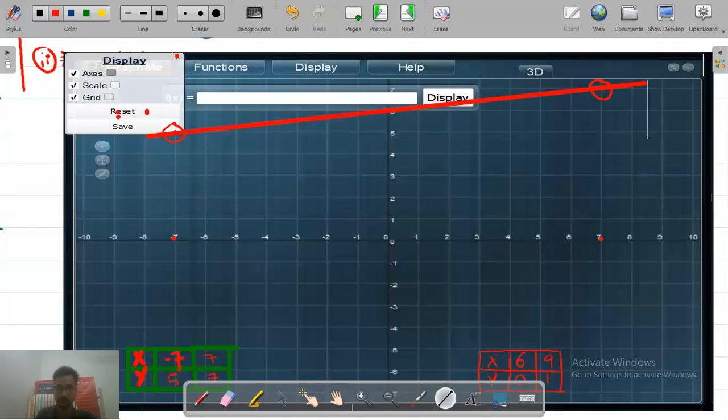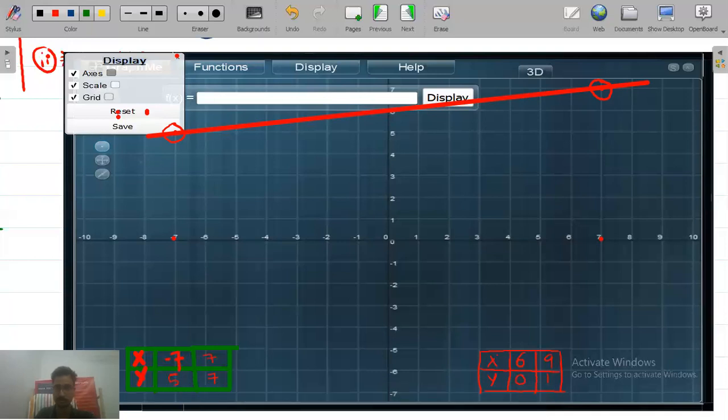In the same way, if you plot this value, x is 6 and y is 0. That means this will be one coordinate: x is 6 and y is 0.